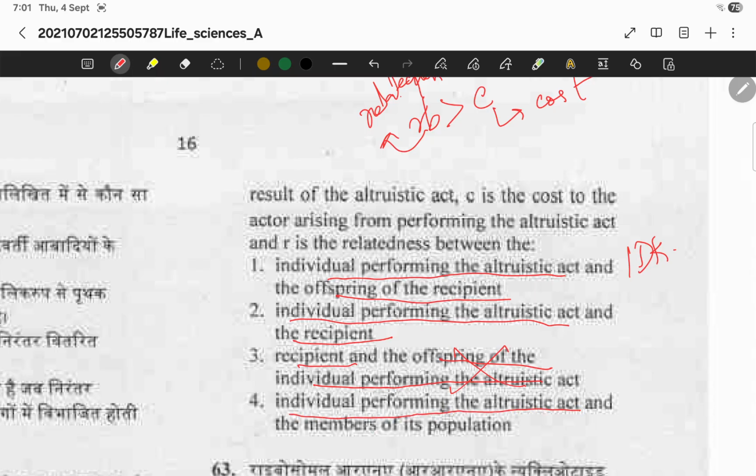Recipient performing the altruistic act and the member of the population. Individual performing the altruistic act and the offspring of the recipient. I would say go for this. Okay.